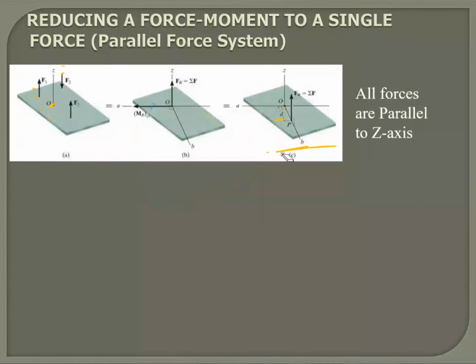So in simple words, let us compare: resultant force, same, no issue. Moment, the same moment I've created by displacing the resultant force at a distance, so I get the same moment effect, just like in this 2D. So from here to here, that's the resultant, and from here to here, it's just displacing the resultant a certain distance so that it creates the same moment as the previous.